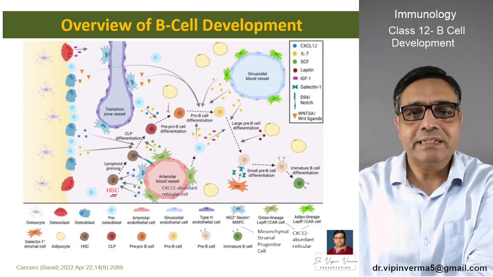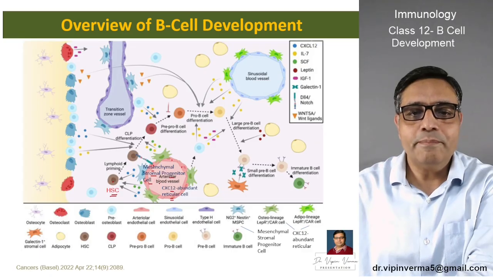These pink cells are the endothelial cells, and these green cells are the CAR cells, the CXCL12-abundant reticular cells. They also have the mesenchymal stromal progenitor cells, the MSPCs, and they surround these arteriolar blood vessels.